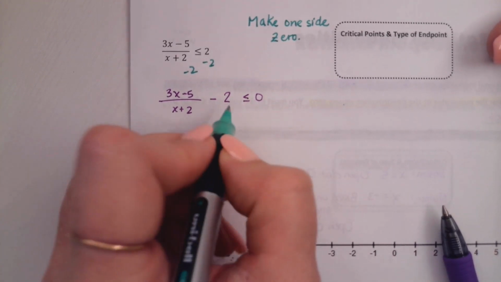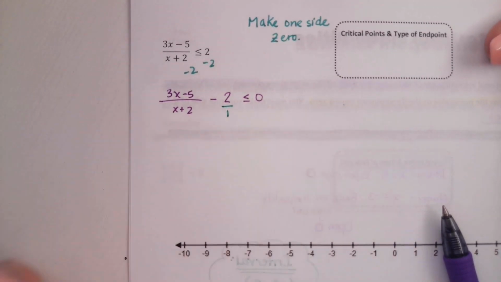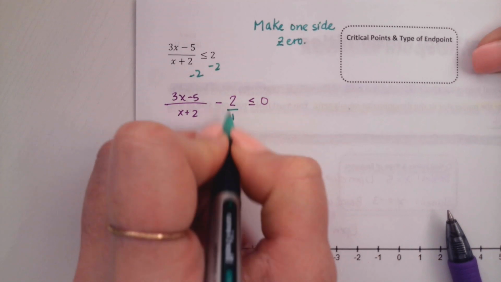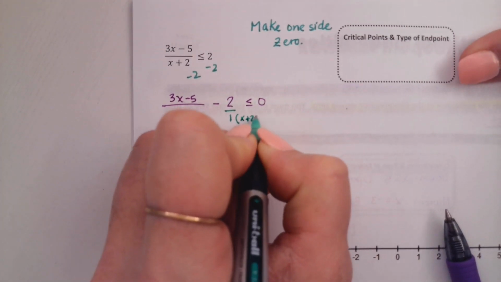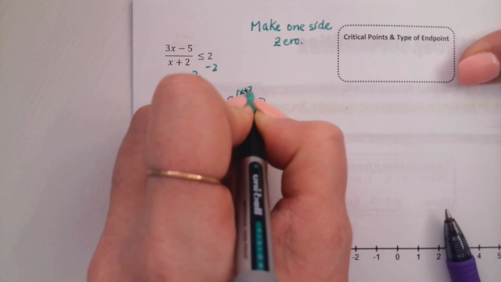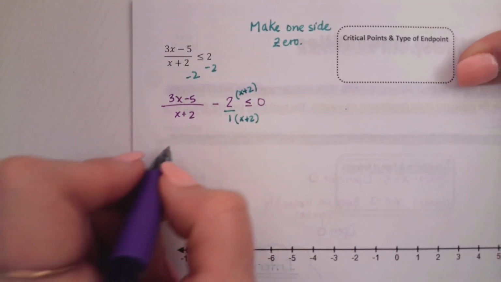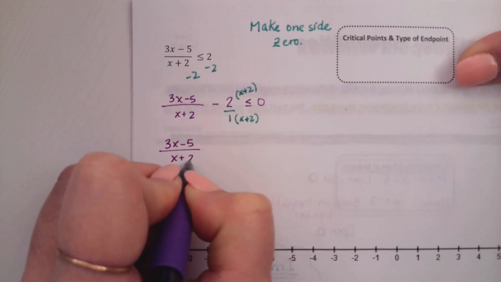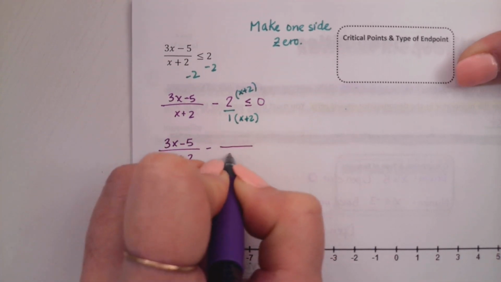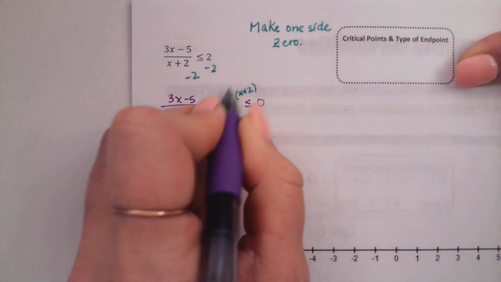What common denominator would I use? X plus 2, right. So I would just have to multiply the numerator and denominator by x plus 2. So that would be (3x minus 5) over (x plus 2) still, minus, and then this one would be (2x plus 4).